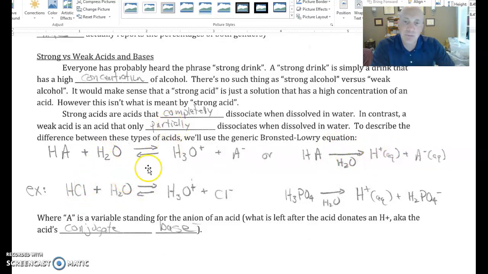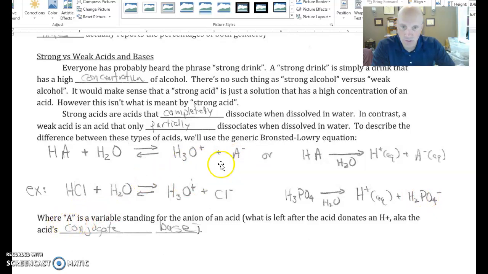So if we gave a specific example, if we take HCl and you dissolve it in water, you would end up getting H3O plus and Cl minus. If we're going to use this type of way of representing things, something like H3PO4, we'll give H plus and H2PO4 minus.